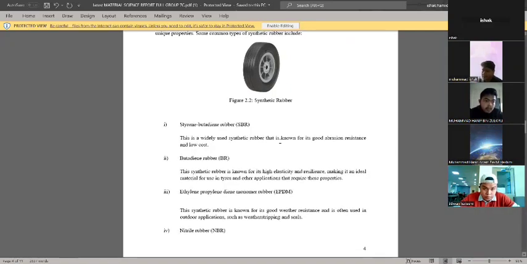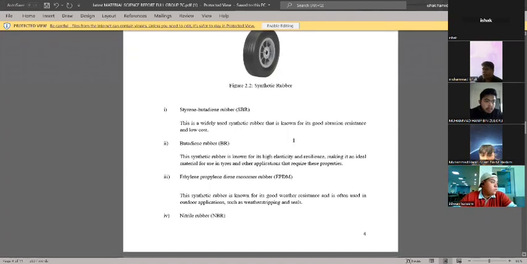First, styrene butadiene rubber (SBR). Styrene butadiene rubber is made from a copolymer of styrene and butadiene. It is commonly used in the production of tires, hoses, belts, and other rubber products. And second, butadiene rubber.